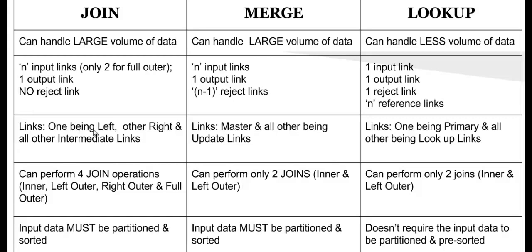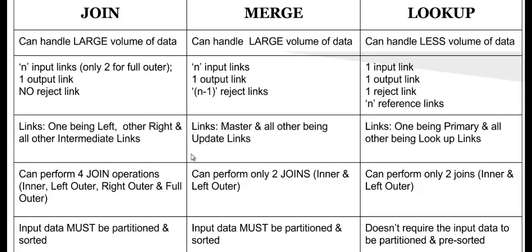So you need to know that too. In join, whatever the first link we give, it's left, right, and all other links are intermediate links. It's not limited, we can have any number of intermediate links, but the first and the last one would be left and right links.